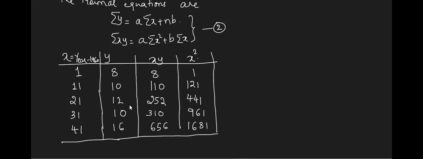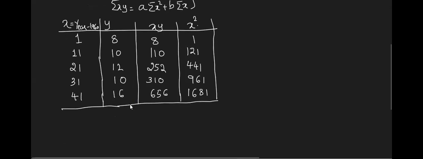Just simplify it. We just want the summation values. So what has to be done here? These columns should be added up. Just add this first column. Tell me what is the addition of these values. 105. Okay. Summation y is 56.